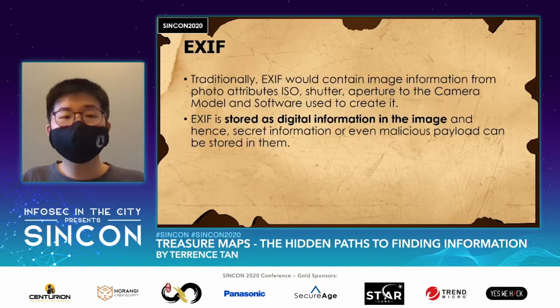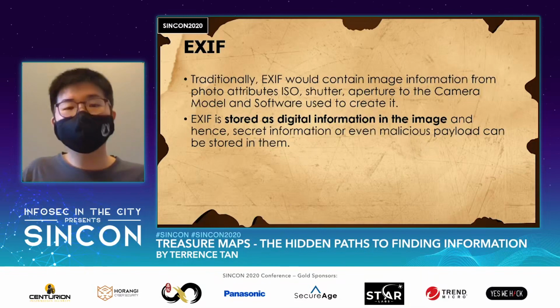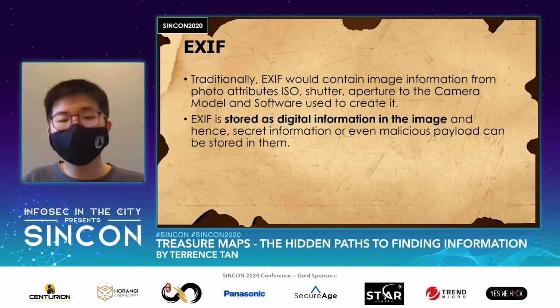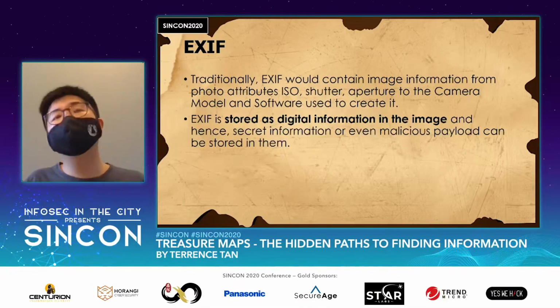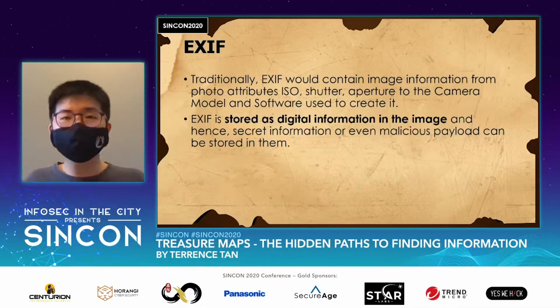Now, traditionally, an EXIF will actually contain image information from the photo attributes, and this includes ISO, shutter speed, aperture, and so on and so forth. And more importantly, in recent years, when we take photos using our phones, our GPS coordinates are embedded, and more.